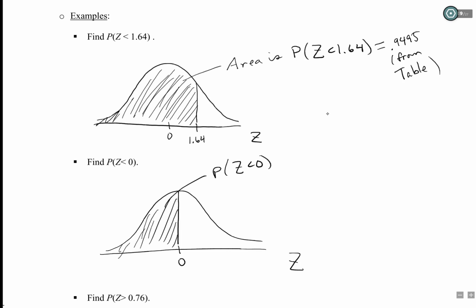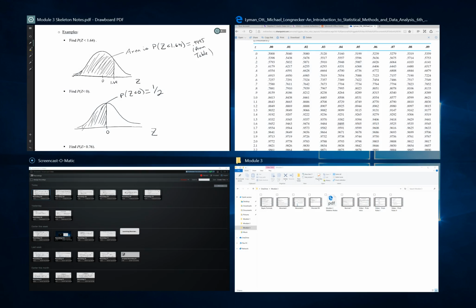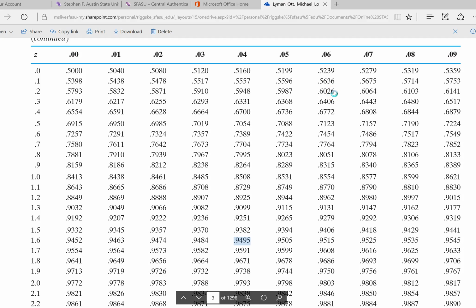Well, we don't even need the table to figure this out. We know the total area under the curve is 1, and that the graph is symmetric about 0, so the area under the curve to the left of 0 is 1/2. If you want to look at the table, you can, and you look here at z equals 0, the corresponding left area is 0.5. All right.